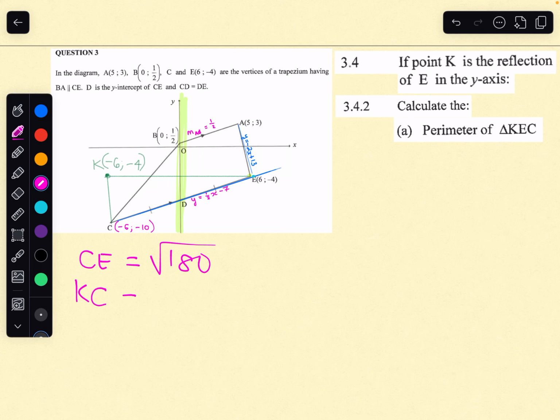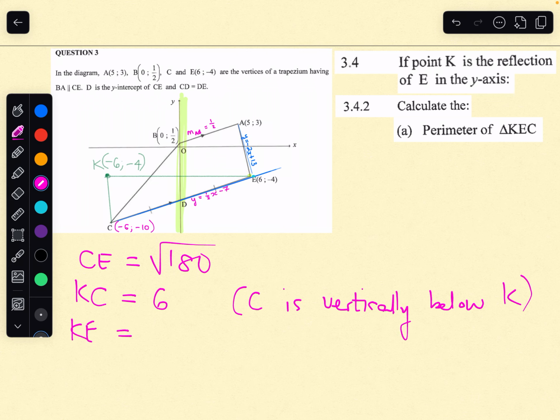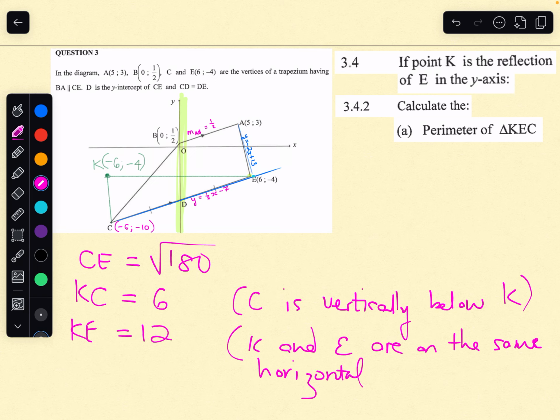We know that the length KC is 6 units, since C is vertically below K. And we can also see that KE is 12 units, as K and E are on the same horizontal line. Of course you could have still used the distance formula. Just take the shortcuts when you can.